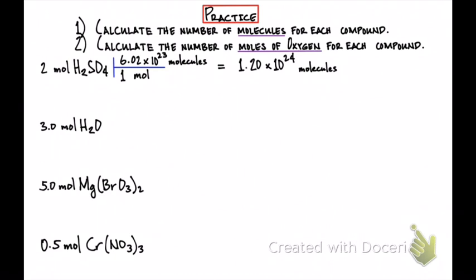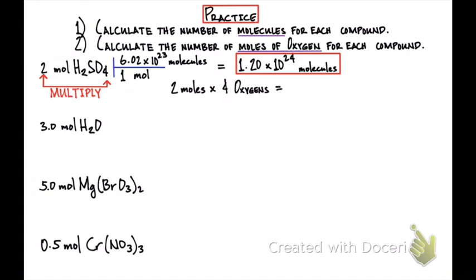So in this case, we're simply multiplying 2 moles by the subscript, the number of oxygen atoms. And so in that case, 2 moles times 4 gives us 8 moles of oxygen per 1 mole of that compound. Okay, and you can do the same thing for the other elements in the chemical formula.